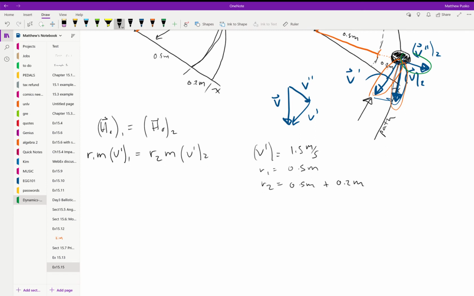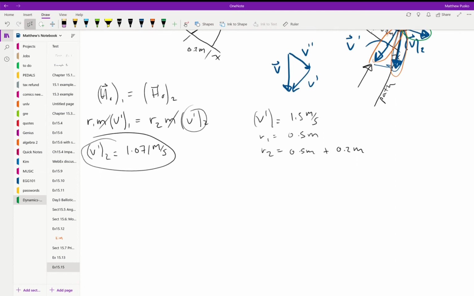And we can cancel the mass because the mass doesn't change and solve for v prime at 2, and I'll get 1.071 meters per second. And we'll hold on to that. So that was conserving angular momentum.